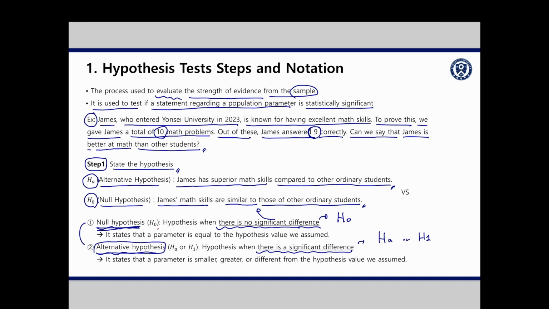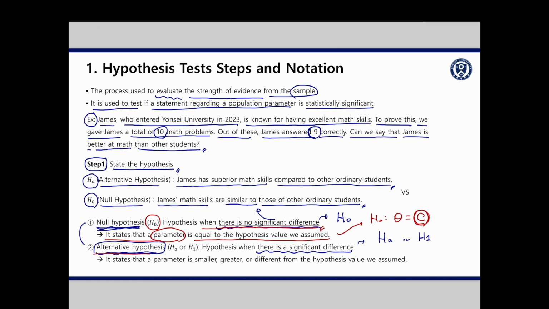Since the H0 means that there's no significant difference, it states that the parameter is equal to the hypothesized value we assume, that is, theta equals theta 0, which is a constant hypothesized value.